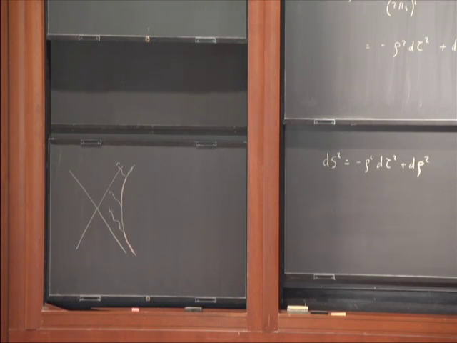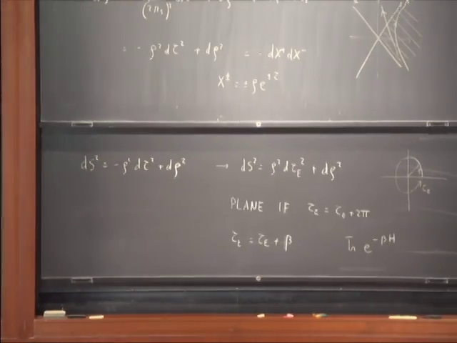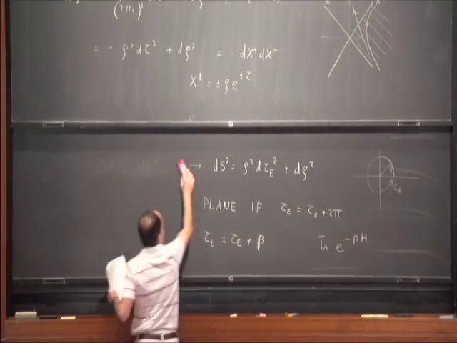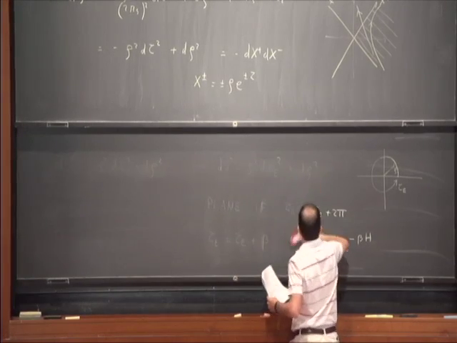Okay, so now let's go back to the black hole geometry. And so we're coming back here to this geometry, and we'll calculate the temperature for the black hole case.